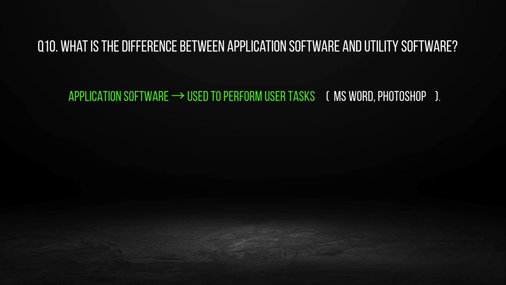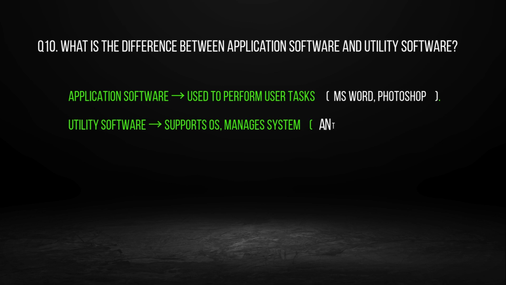Utility software supports the operating system and manages the system. Examples are antivirus, backup tools. Application software helps you, utility software helps the system. Easy way to remember.